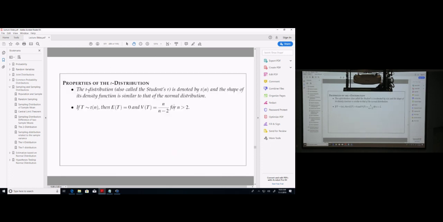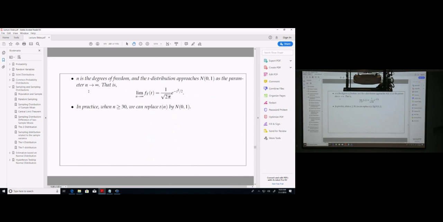But you don't take this very seriously. So this is the rule of thumb spelled out in this slide, n greater than 30. But again, in actual work, you can just use the t-distribution because it can be computed quite easily.